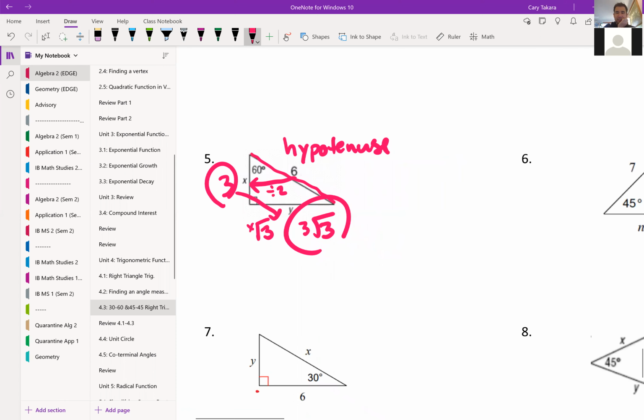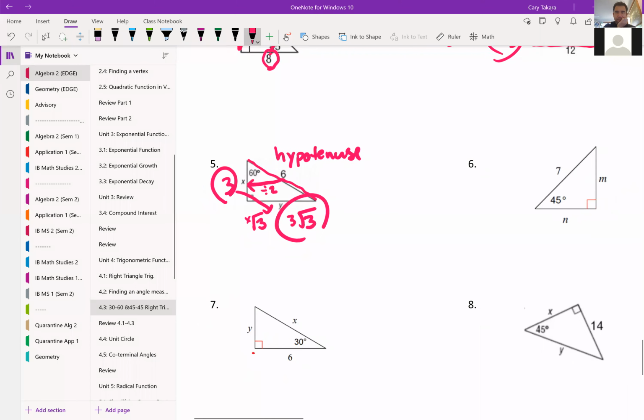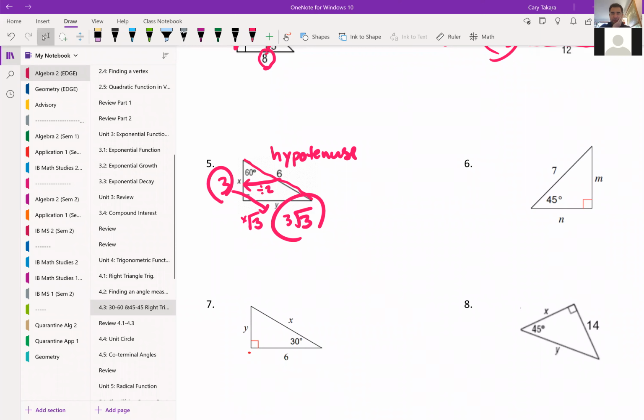Okay, number 6. Now back to 45, 45. So how do you work on that by yourself? How do you get to n, m, and n? Let's find out.